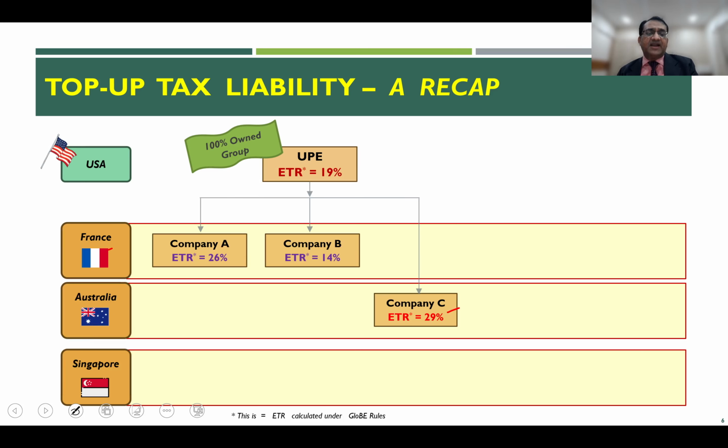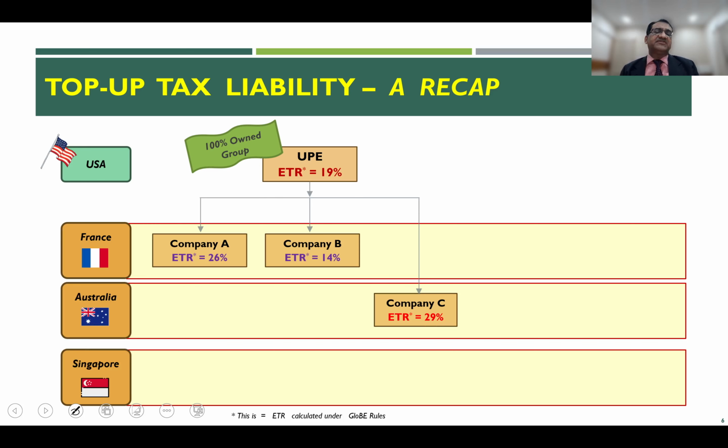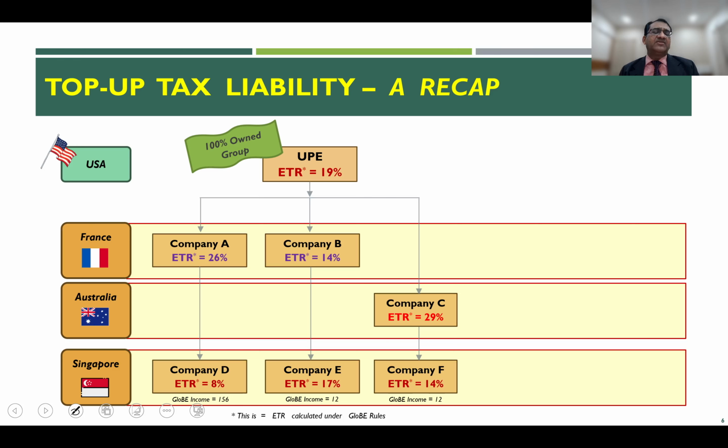The third direct subsidiary is in Australia, and that entity, let us say, has an effective tax rate of 29%. Now, assume each of these 3 direct subsidiaries has 1 subsidiary each in Singapore.